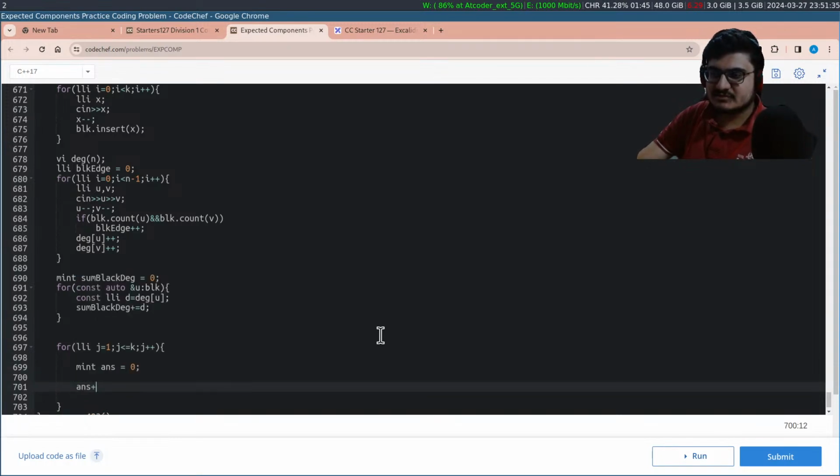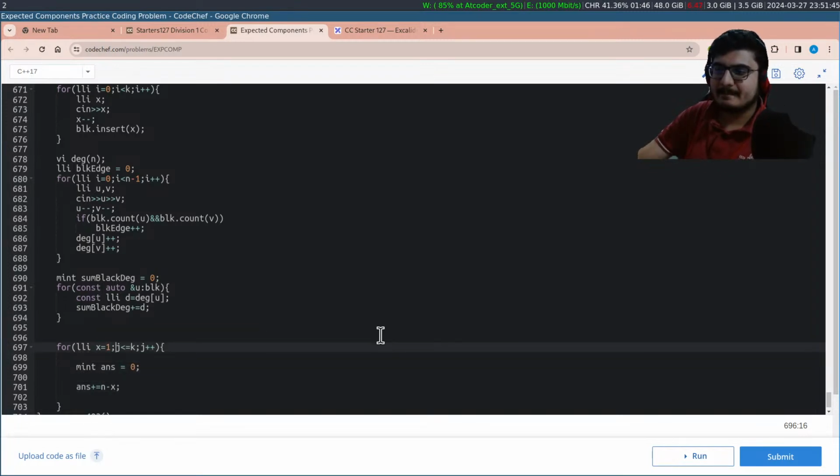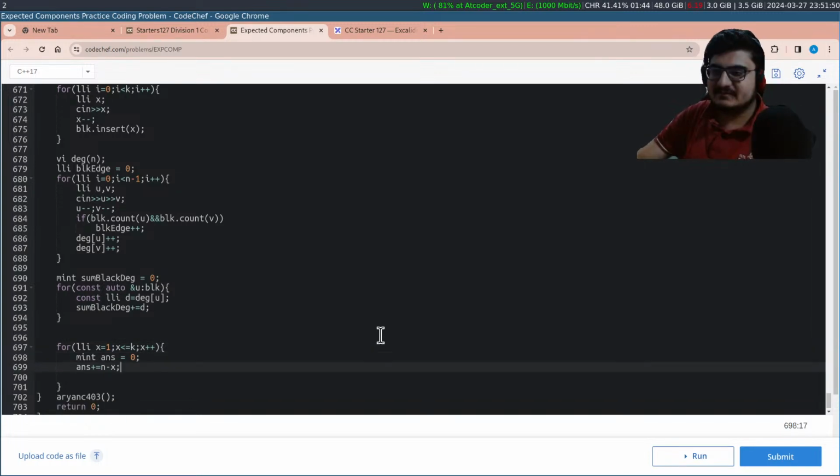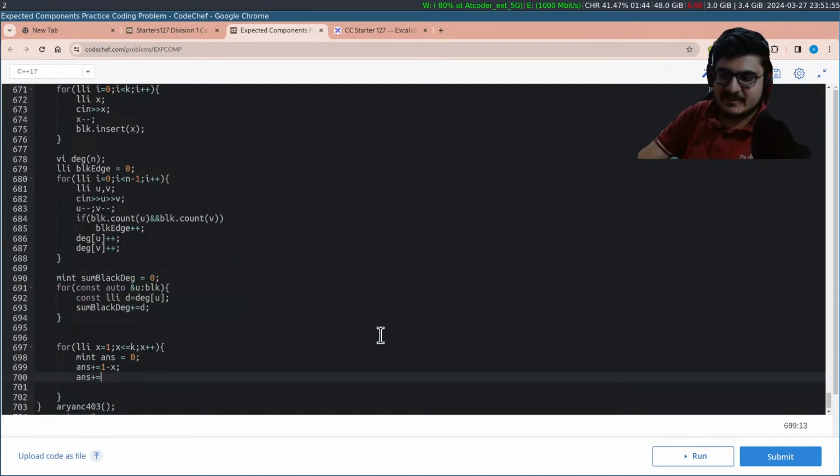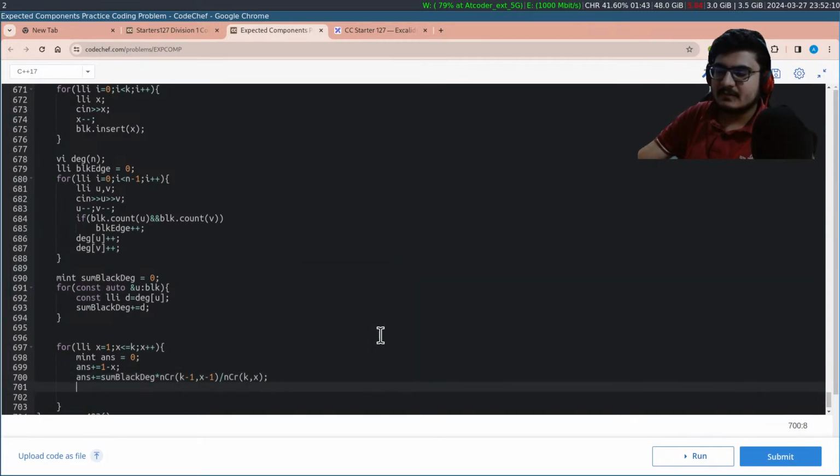The number of nodes would be n minus, let's call it x. And basically I can directly simplify it as 1 minus x. Plus the expected sum of degree would be, and what was my formula?